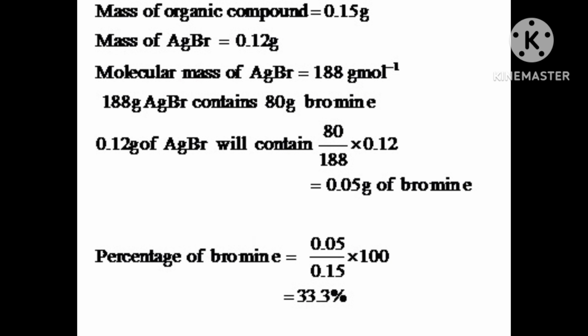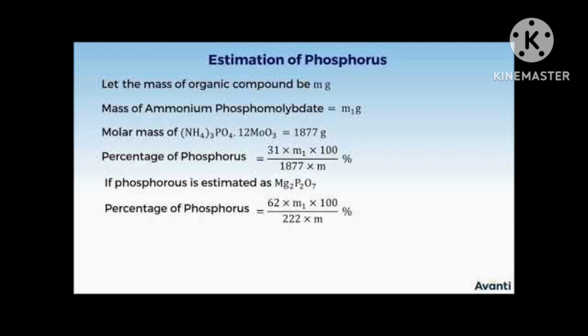You only have to put the value of M1 and M. The question I am reading: In sulfur estimation, 0.157 gram of an organic compound gave 0.4813 gram of barium sulfate. What is the percentage of sulfur in the compound?